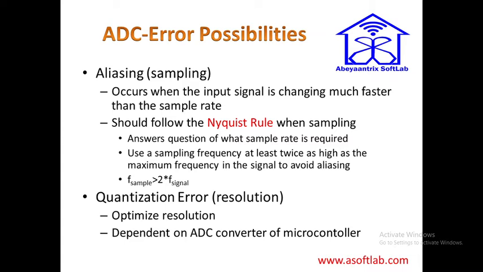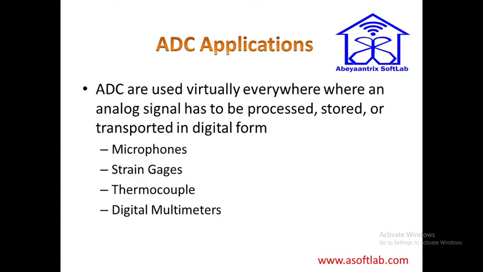Now we'll come to ADC applications. Where can we find them? As I told earlier, in your mobile phones. While transmitting voice information over communication channels, we require ADC conversion.